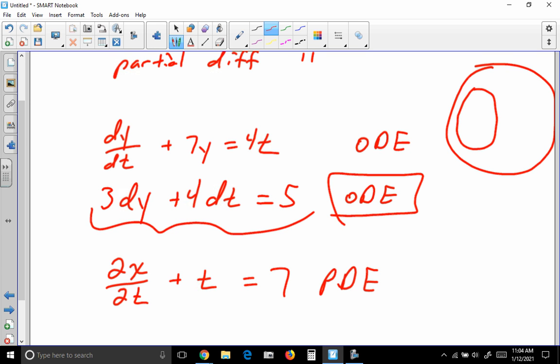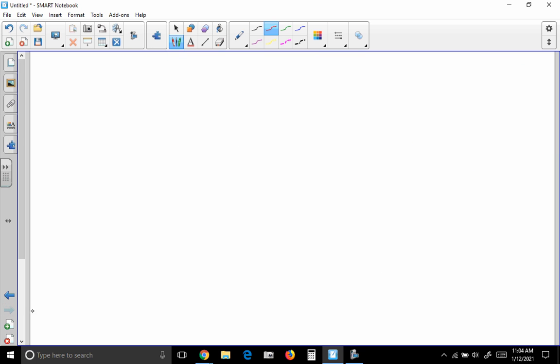The other thing we want to classify in section 1 is linearity. What's the difference between a linear and a nonlinear differential equation? When we think of regular equations, something that's linear has our variables to the first power.